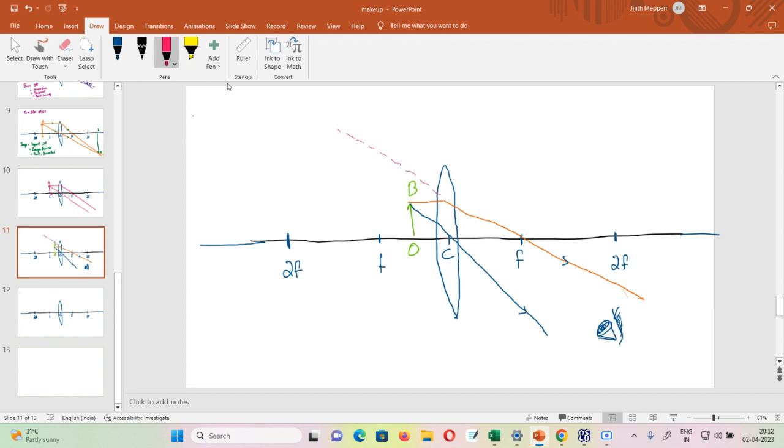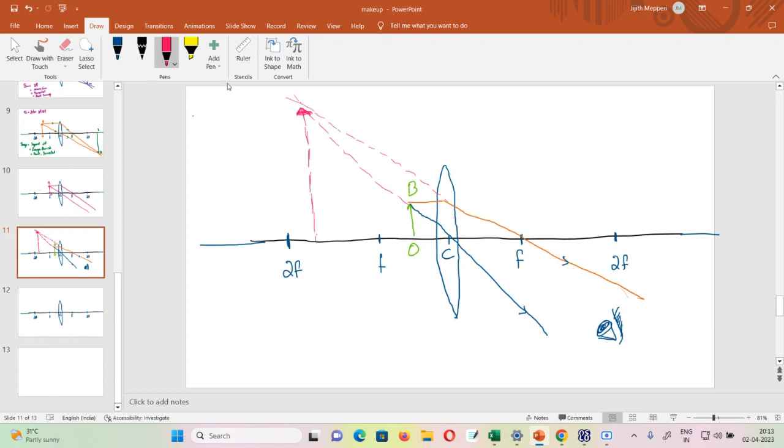So you can extrapolate and get a virtual point, such that we will think there was some big object here from where these light rays are coming. Actually no such image exists, but we will feel that this is coming from a virtual image.